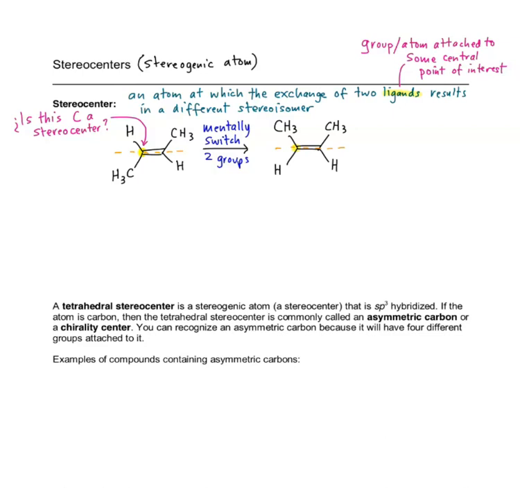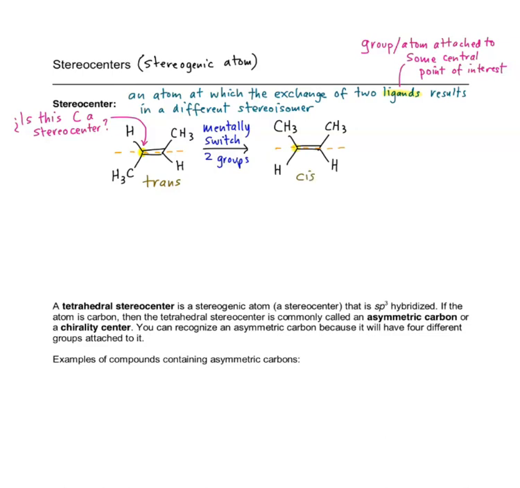So in our original structure, we can't rotate around the bond, so that means that those methyl groups are never going to be on the same side of the double bond, or the same side of that orange dashed line that I've drawn. Because they're on opposite sides, we would call that a trans alkene. So this is a trans alkene. Once we switched the two groups, though, they ended up on the same side of the double bond.